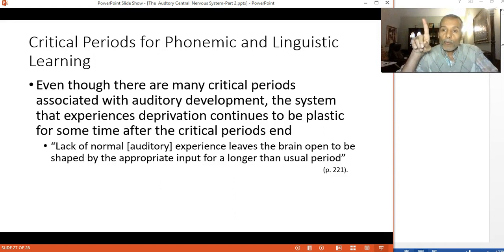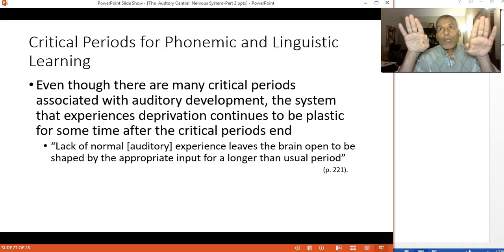And that explains why, when you have a group of people who have normal hearing and a group of people who have problems with processing, and you expose them to the same auditory training program, the ones who have auditory processing problems are going to show a more robust response. They will show greater improvement and greater change in their auditory system than the ones whose system is normal.